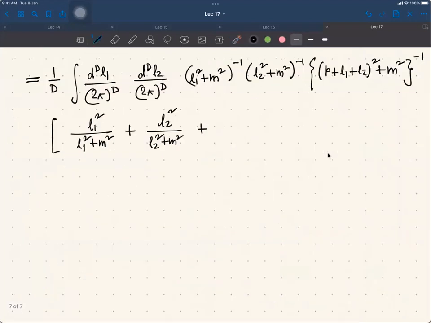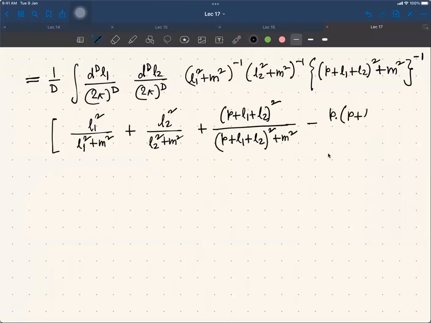That is how I'm going to write. So it is (P plus L1 plus L2) square divided by (P plus L1 plus L2) whole square plus m square, minus P dot (P plus L1 plus L2).